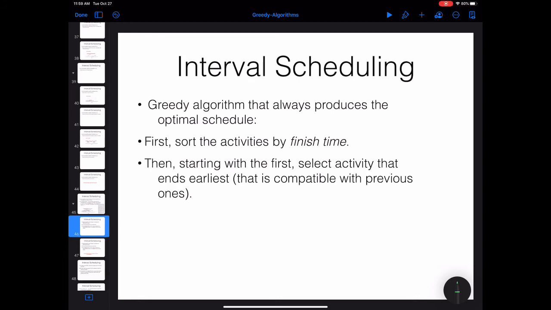So the whole algorithm, before actually showing the proof of the optimality of that greedy strategy: what is the algorithm?